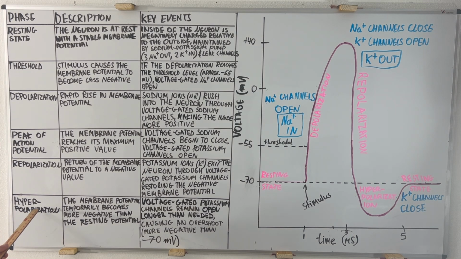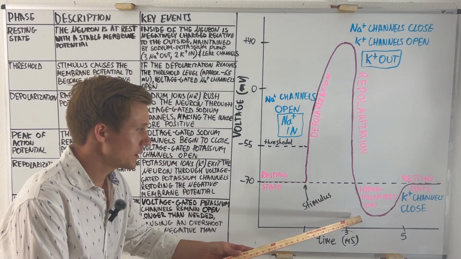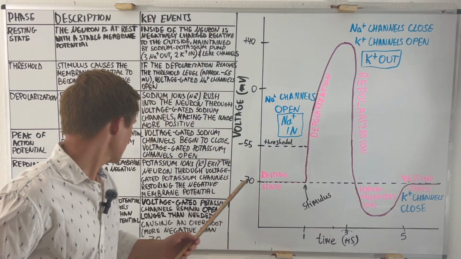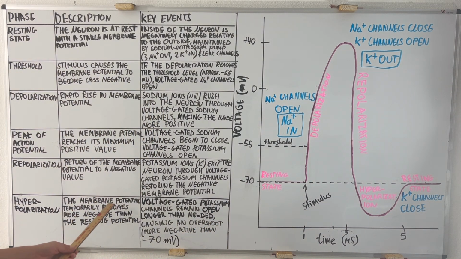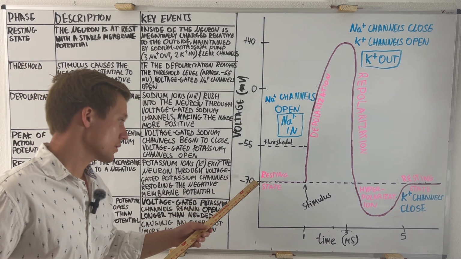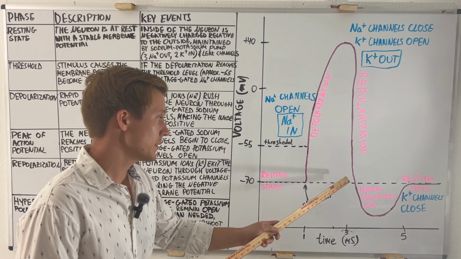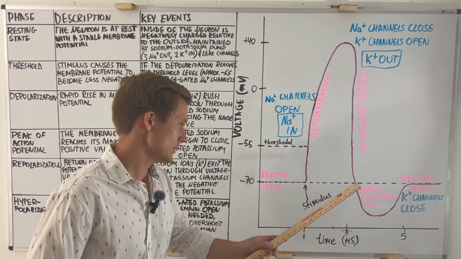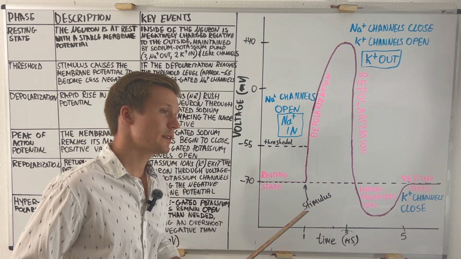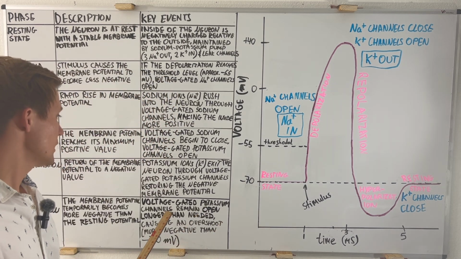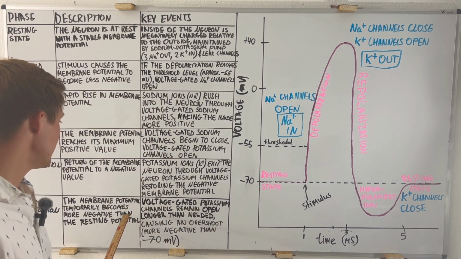Next, we have hyperpolarization, depicted by this dip here. And it's when the membrane potential temporarily becomes more negative than the resting potential. And so the resting potential is at -70, but here we go below -70. So it becomes even more negative than it would be during its resting state.